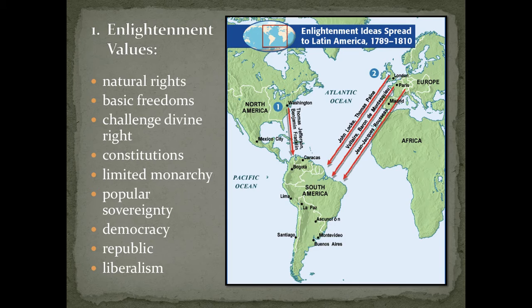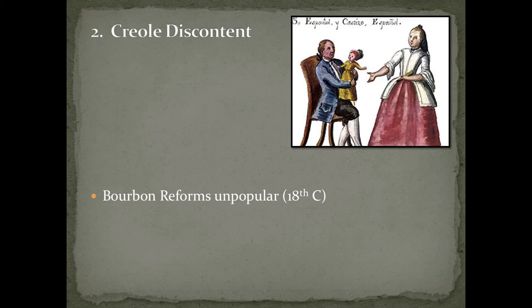So Amerindians, black slaves in the Americas, they will gain those ideas too. So every different group will have a different interpretation of what it means to apply Enlightenment values.